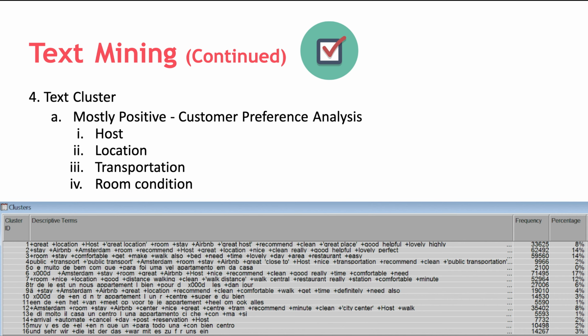So the important terms that we get are things such as the host, location, public transportation, room conditions such as how they feel if it's comfortable to stay, that are important for the customer and that they value the most. Next.